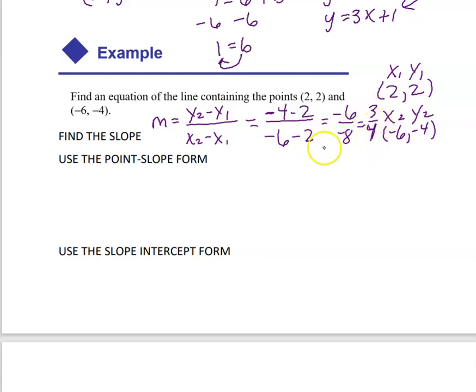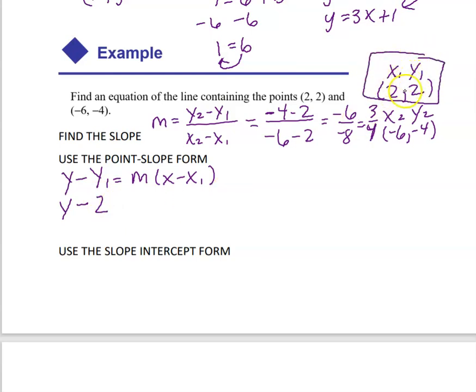So there's my slope. If I want to use point-slope form, y minus y1 equals m times x minus x1. We've got y minus 2, and I'm using this for my x1, y1. I never changed it, so I'm just letting that be the same point.